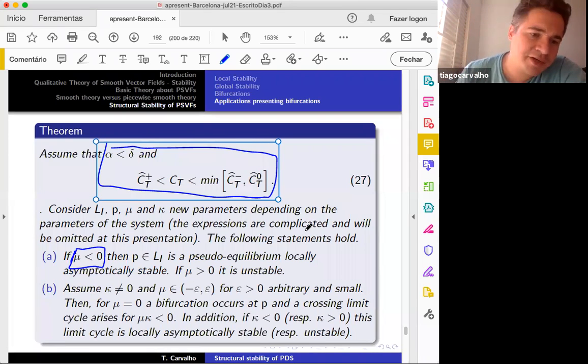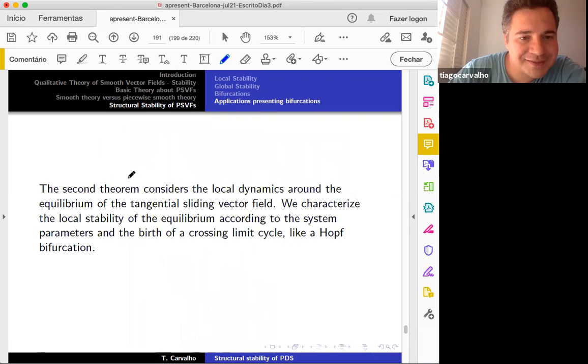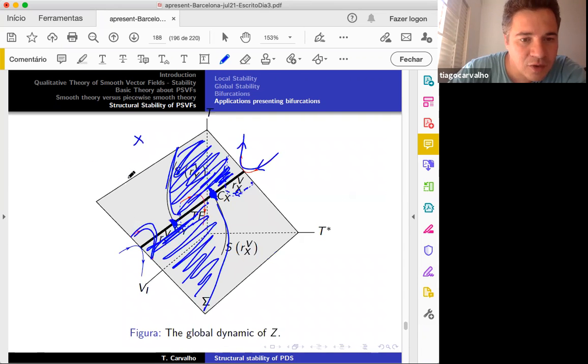So there is a parameter me such that, for the crossing dynamics, we can ensure that this equilibrium P is an equilibrium of the tangential sliding motion. Let's do a zoom here.